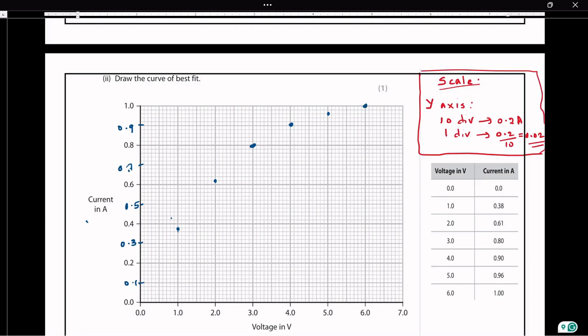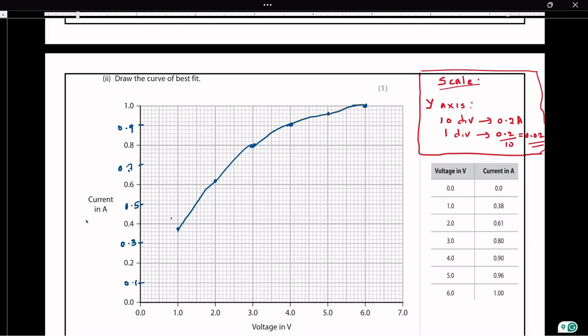Now join it. So for 1 volt it is 0.38. Okay, now join them, not as a straight line, I mean connecting the points, passing through all the points.